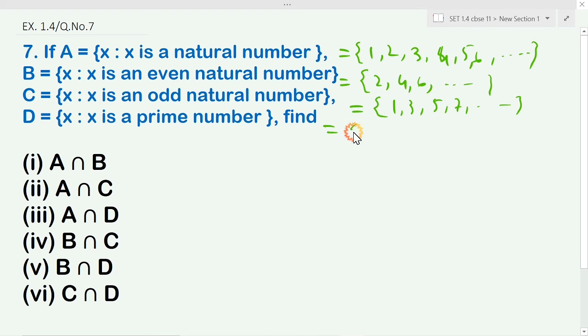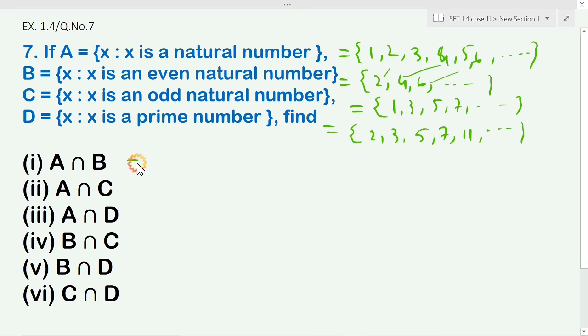So D will be 2, 3, 5, 7, 11, and so on. Now A intersection B. The common elements between A and B are 2, 4, 6, 8, 12.